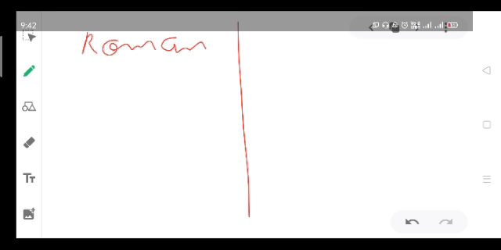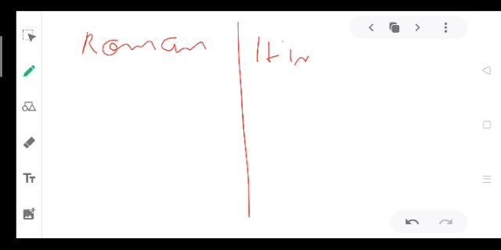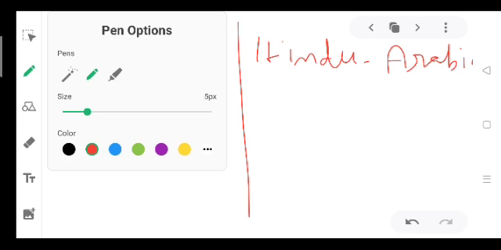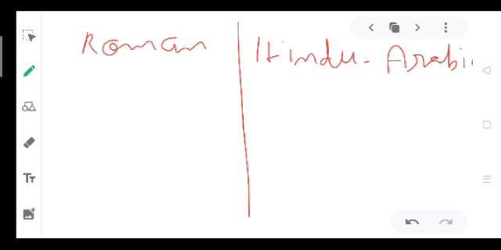So first of all, I am writing Roman numeral, and on the side Hindu Arabic numeral. There was not so much space, so the C is not visible here.